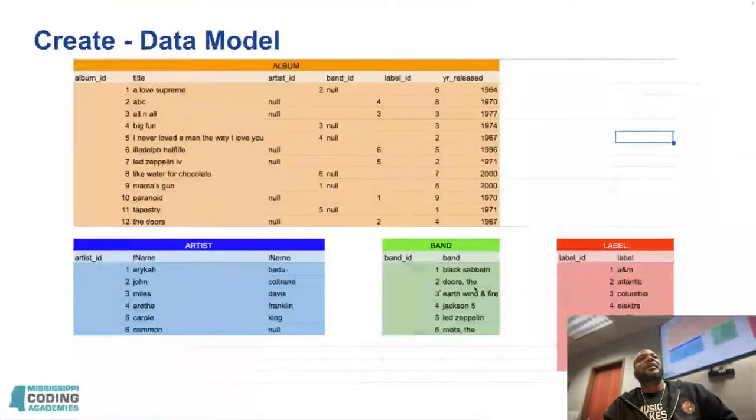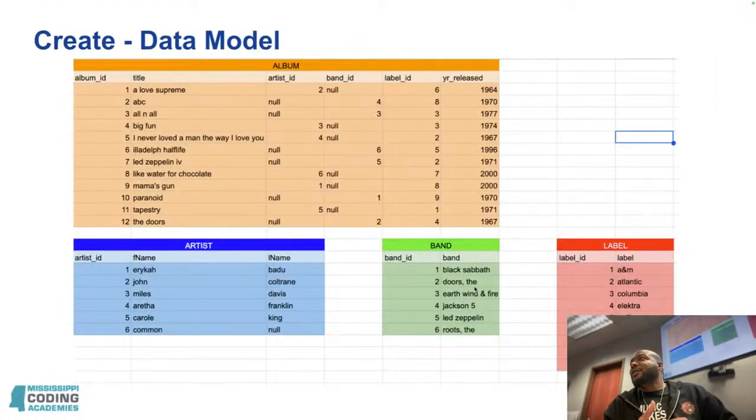So you'll want to pause as you need to, and enter the data from the data model. Again, if you added more artists and more bands, and you want to put those other albums in, you can do that.